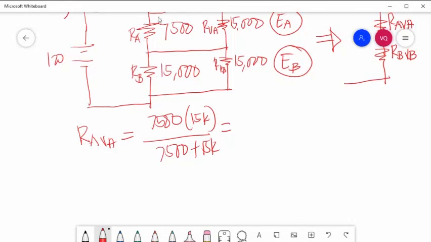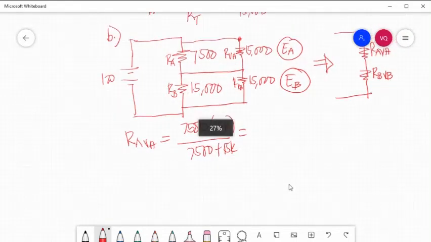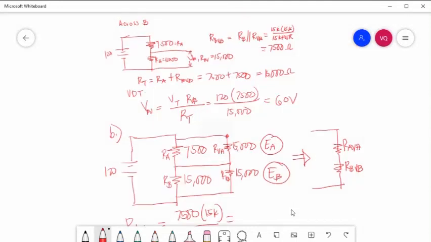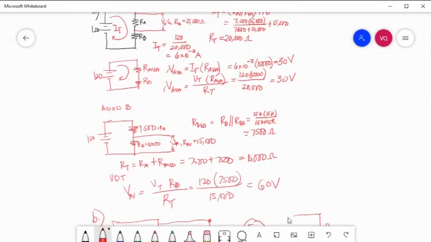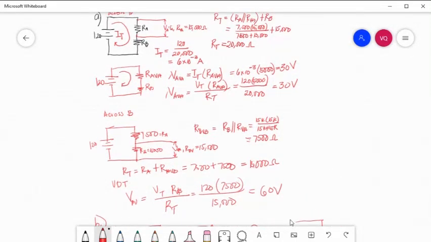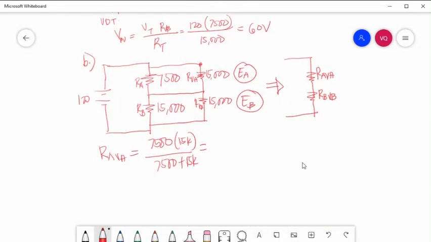So we already solved this one a while ago. That is equal to 5,000 ohms.